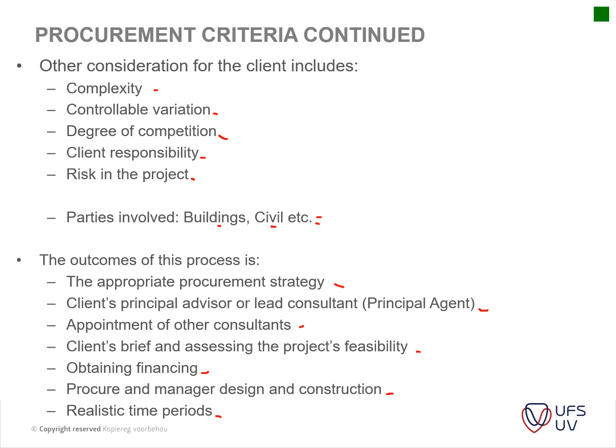If it's a public project, then usually timelines are not that important, although you do have parameters of your financial year end and your utilization of the building. If it's a library, maybe opening at the beginning of the year for scholars to access the facility or whatever. So the realistic timeline is dictated by the questions above.